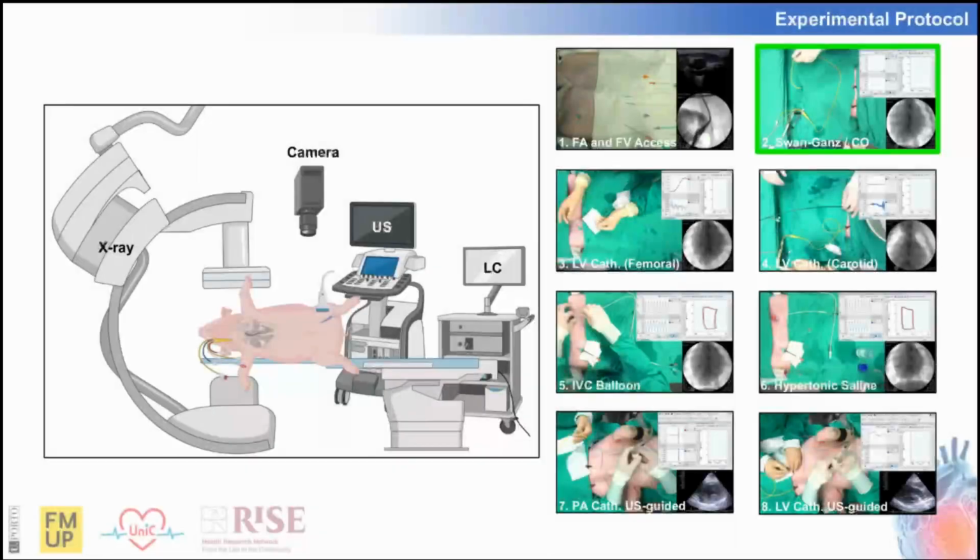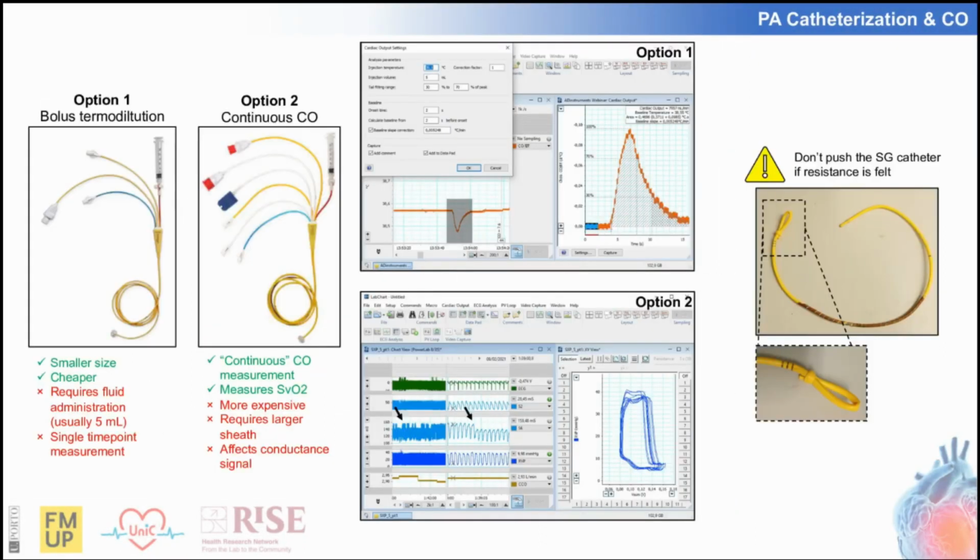So going back to our slides. In terms of Swan-Ganz catheters, there are two options that you can choose from: the thermodilution and the continuous cardiac output. While the thermodilution, which is the one that you just saw, is cheaper and requires a smaller size introducer, it does require fluid administration and only gives you a single time point measurement.